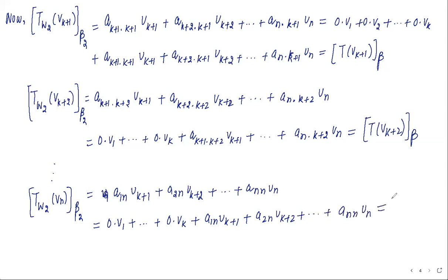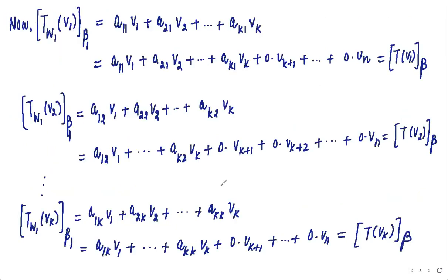But now this is the coordinate representation of T of v_n relative to the basis beta. So therefore we have computed all the coordinate vectors related to the basis beta_1, beta_2 as well as beta. So now we can write the matrix.